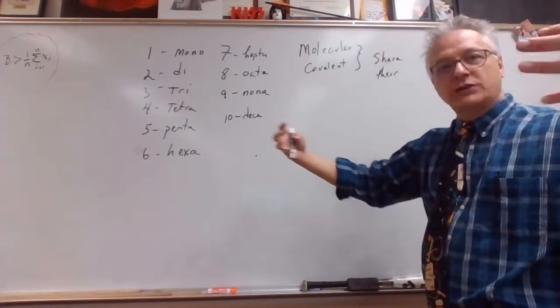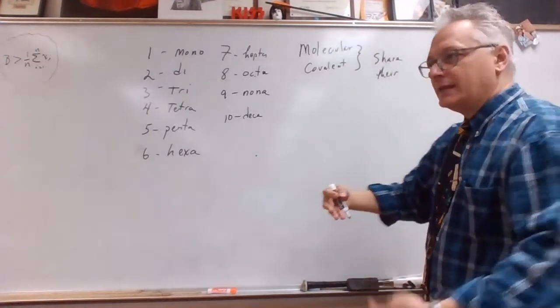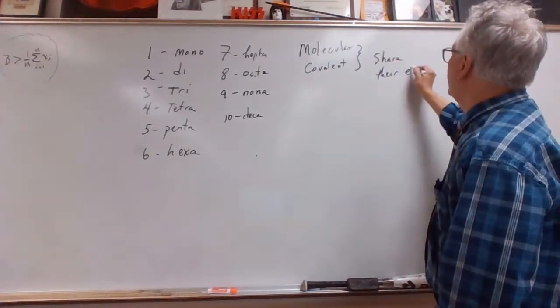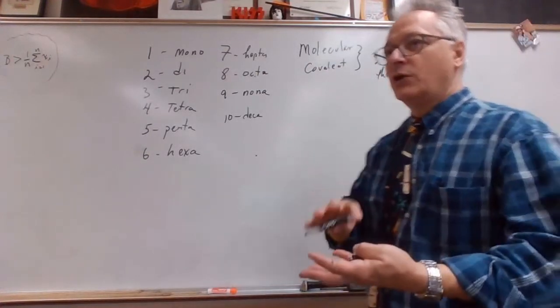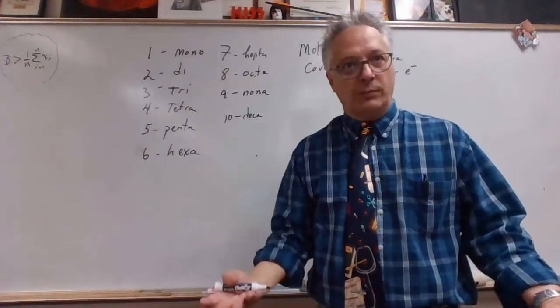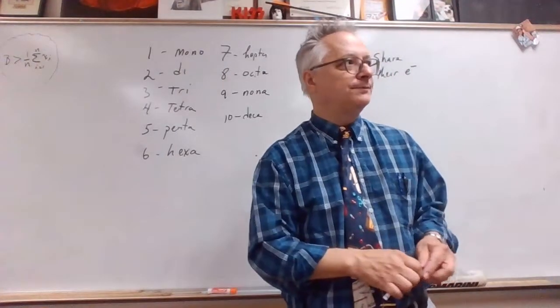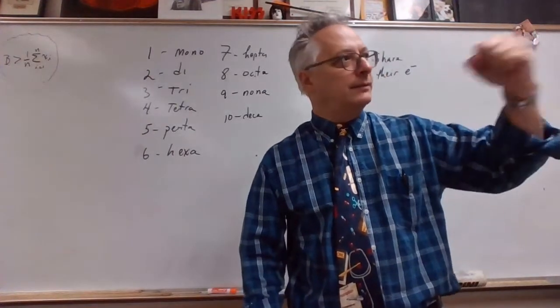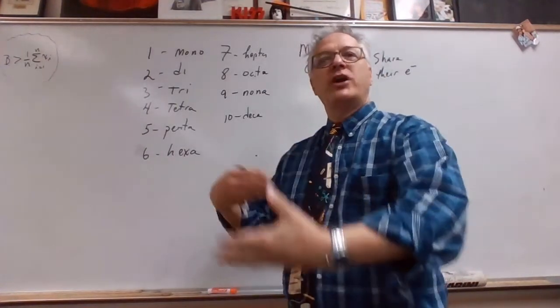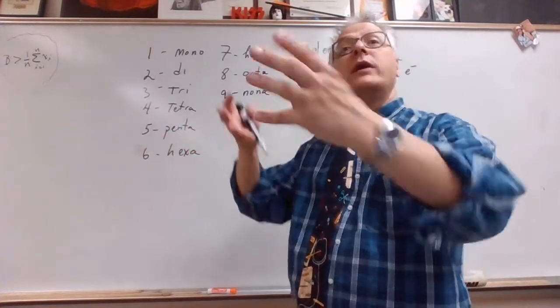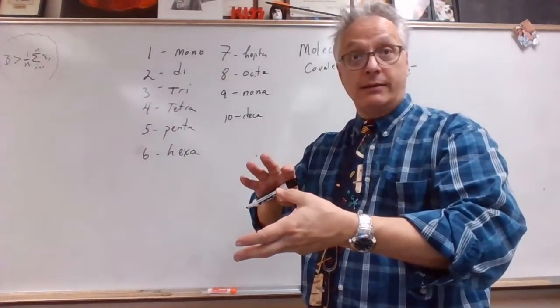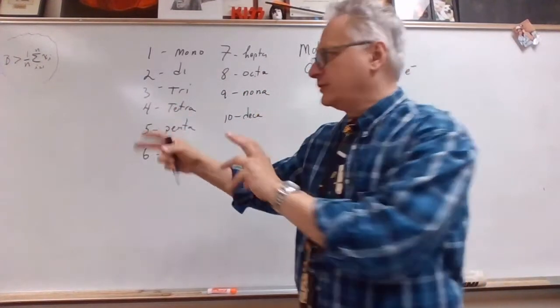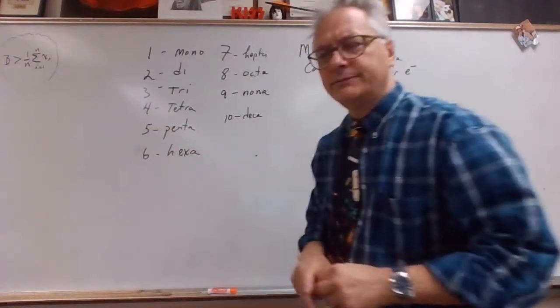When I say their electrons, I mean the individual atoms in the molecule. They share their electrons, and by doing so, they form chemical bonds. Because they're sharing electrons, you can have more than one combination of how these things combine, because we're not worried about the charges having to balance out.